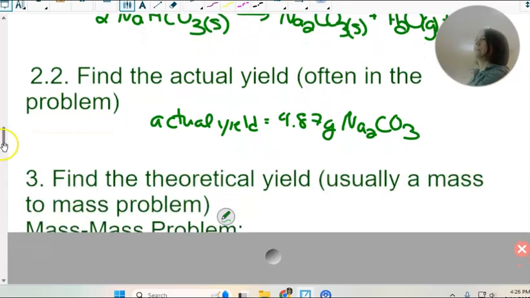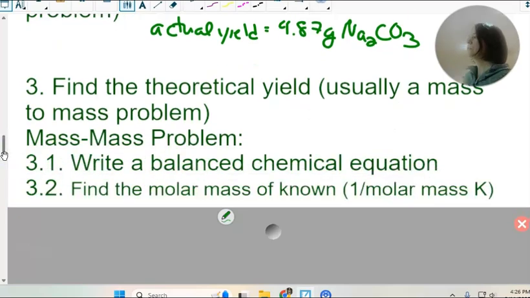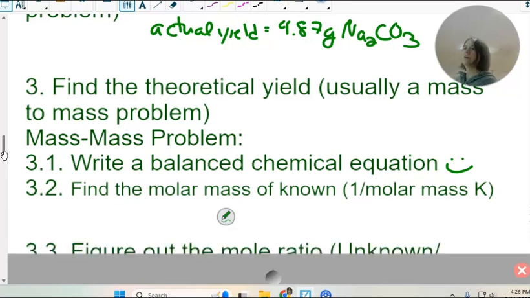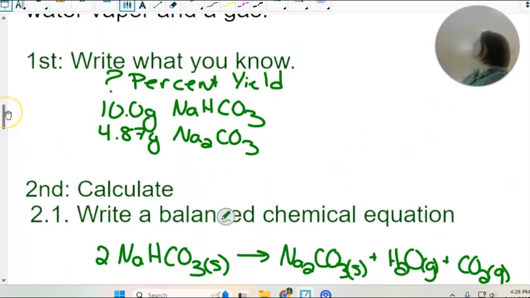Then we're going to find the theoretical yield, which is usually a mass-to-mass problem. So when we do a mass-to-mass problem, first thing we do is write a balanced chemical equation. Done. And then we have to find the molar mass of the known. So our known is going to be our sodium bicarbonate, what we're starting with.